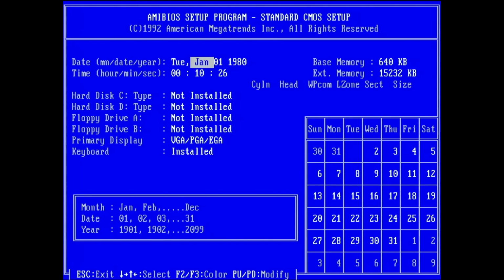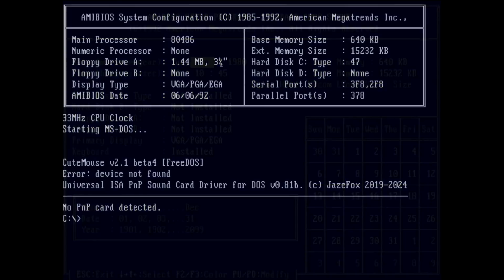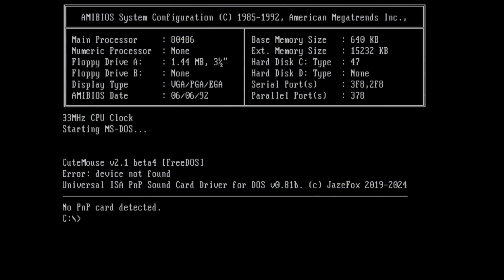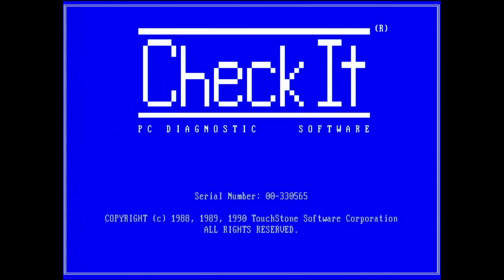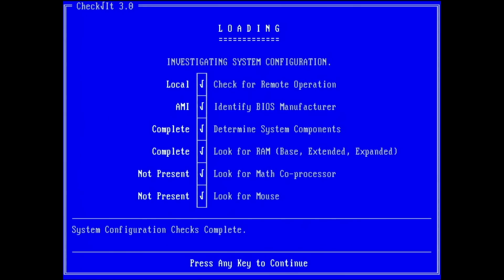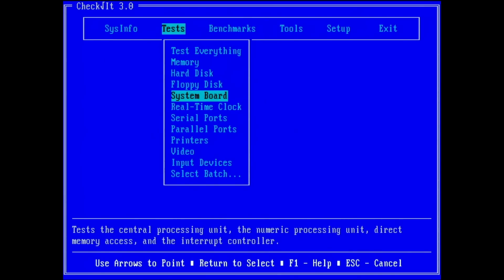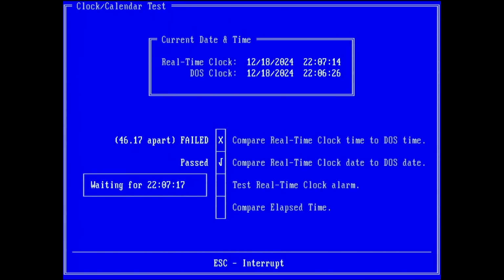It is a little bit better, but it's still not okay. So let's quickly go to check it and see if we got some improvement from our real-time clock tests.